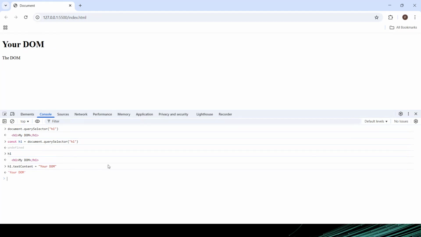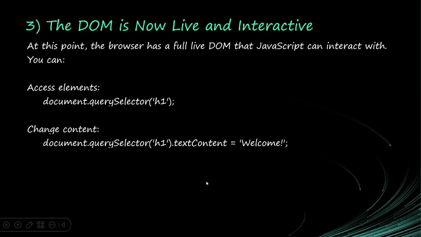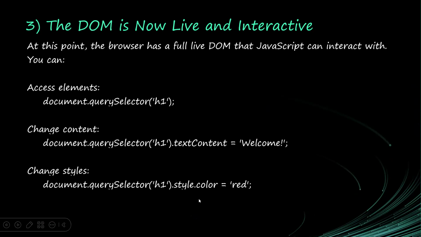So this is how it is. The browser would load your web page, then it will parse it, read it from top to bottom, and create the DOM for you. And once the DOM is ready, it will be live and very ready for interaction. That is what we're doing here. We can access it, we can change the text content, we can change the styles. If I want to change the color of this H1, I can also do it.